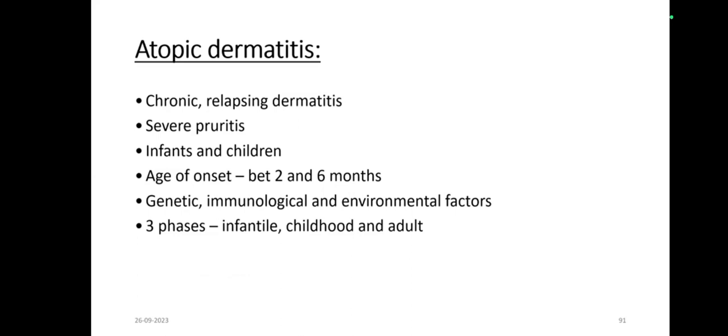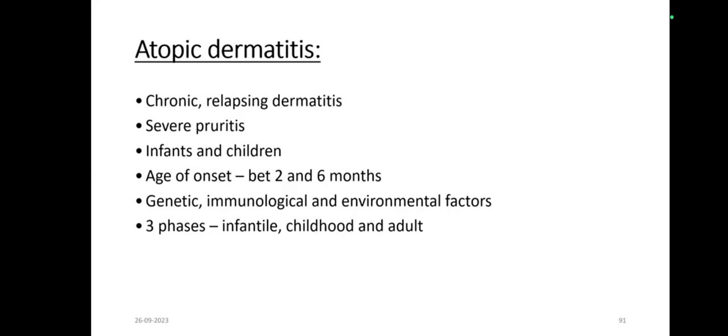One is infantile, which occurs even days after birth, and it can occur in childhood because of a chronic respiratory infection, and it can occur in adults because of a chronic respiratory infection of childhood. So these can also be the triggering factors behind the manifestation of atopic dermatitis in the later phases, like in childhood or adulthood. And all the features are similar.